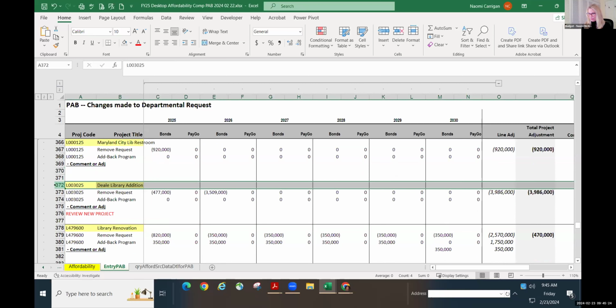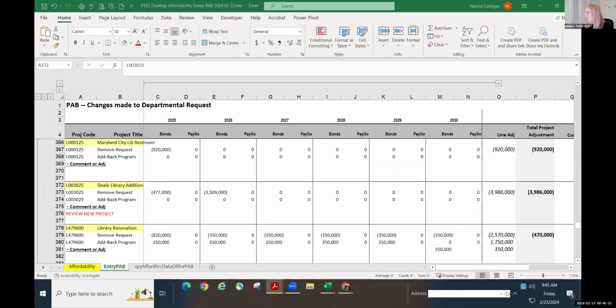Library addition, it looks like they were requesting $4 million for an addition on the library, a 4,000 square foot addition.